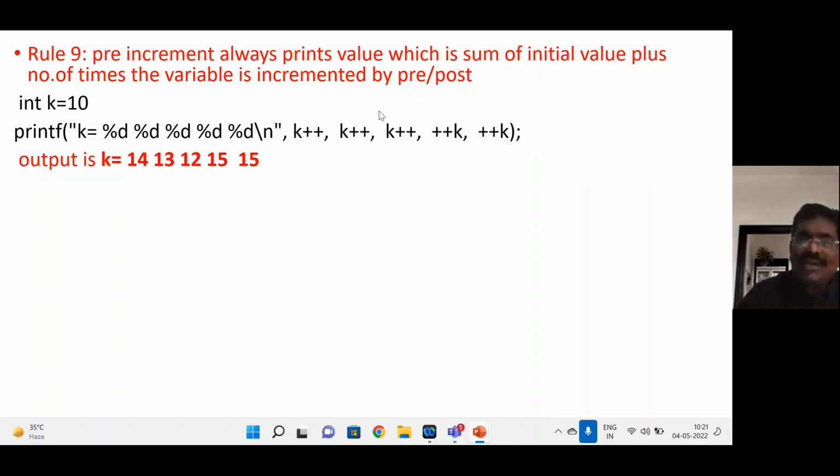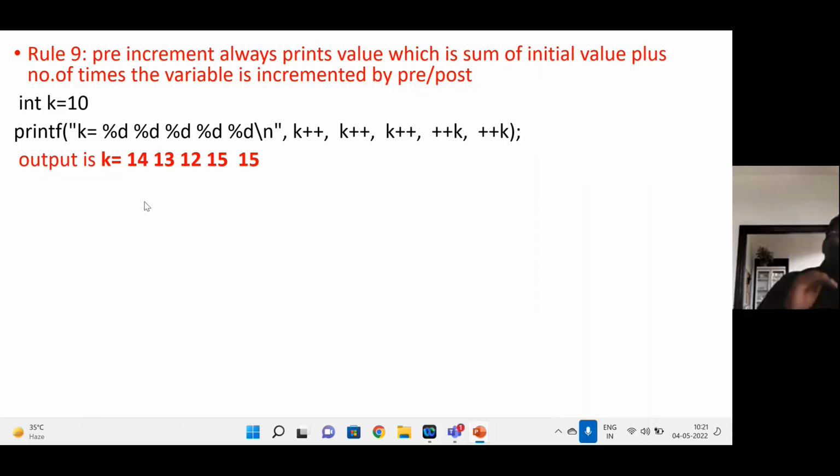When you come to this one, 2 increments are already there, so that is 10 plus 1, 11 plus 1, 12. So 12 is printed. After that 12 is incremented by 1 and 13 is printed, then incremented by 1, so 14.